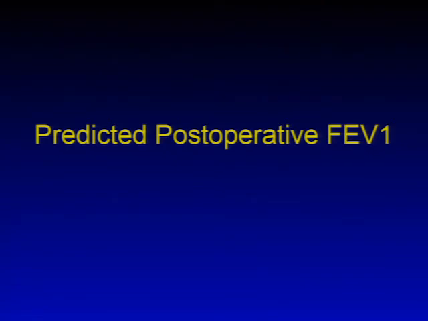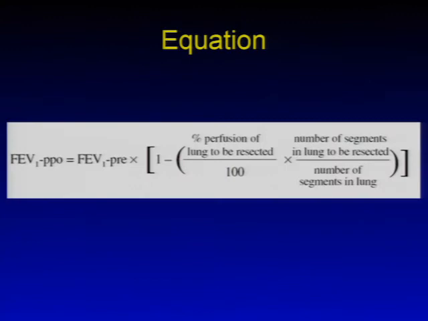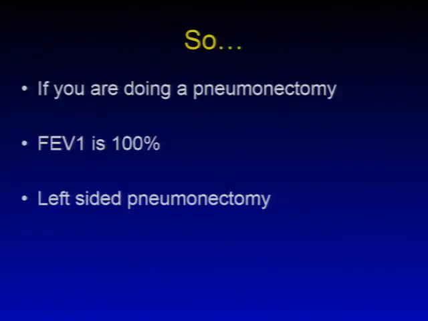So, one of the issues to discuss here is predicted postoperative FEV1, and there are 42 total subsegments. On the right, 6, 4, and 12 in the right upper, middle, and lower lobe, respectively. And on the left, in the upper and lower lobe, there are 10 segments each. And here's the equation. But I'd like to do an example, if that's okay with you.